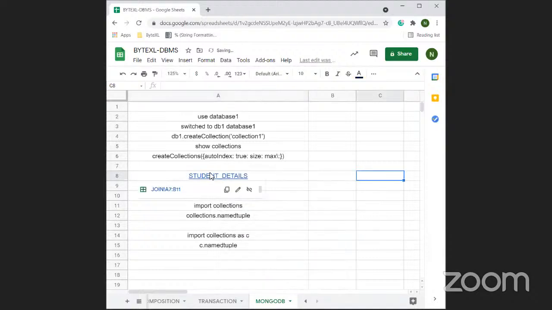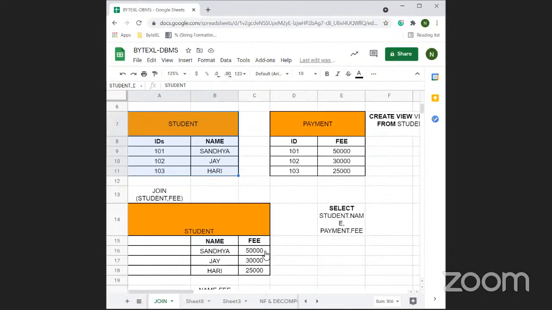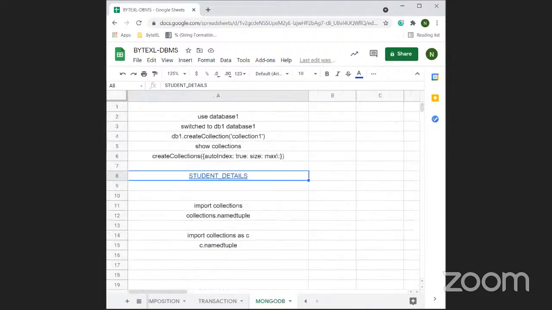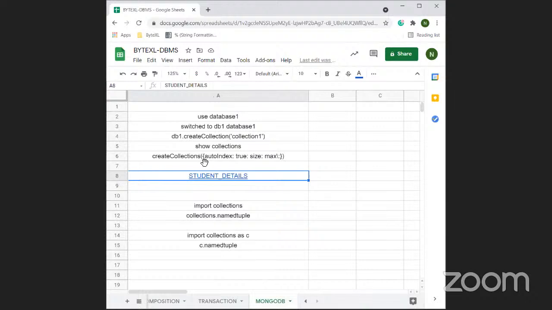Now what is happening? If I press this, automatically from a different tab, where I am in this MongoDB, the data I want is in this join sheet. Even though I am pressing on the link, automatically the control is taking me there. This is the original table, but what is happening here?